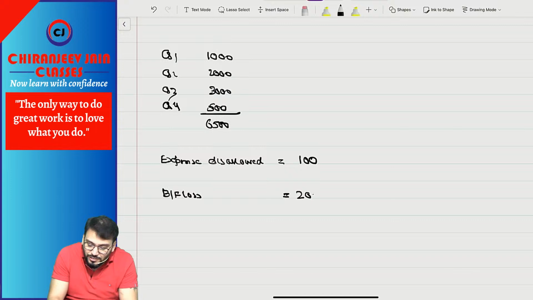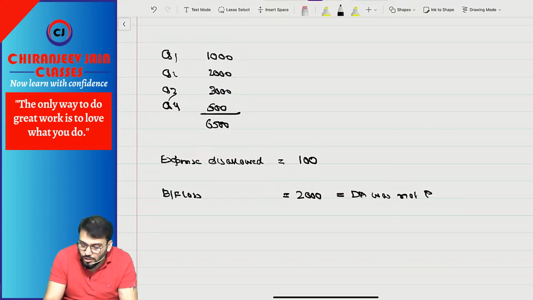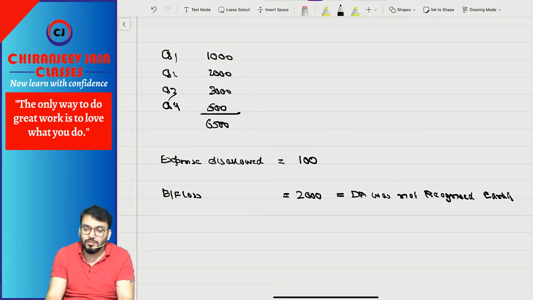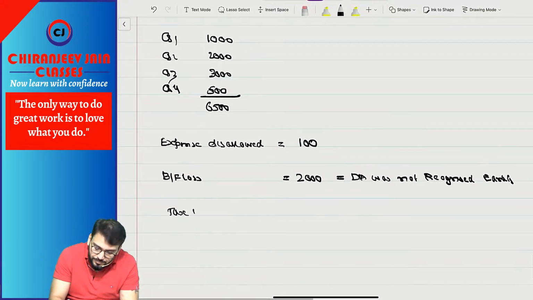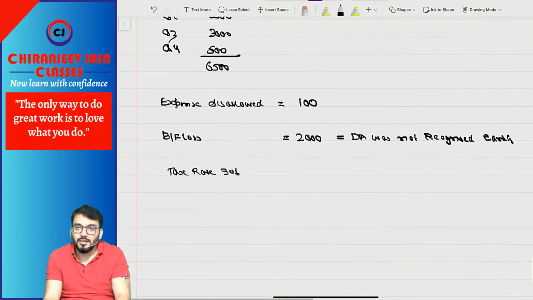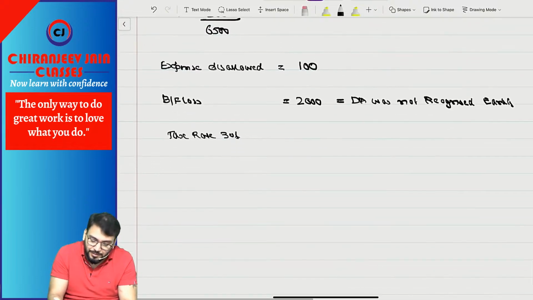For example, 2000 brought forward losses, and they will say for which DTA was not recognized earlier. You remember this type of question? And they will give you a tax rate of 30%. So what is my total accounting income?